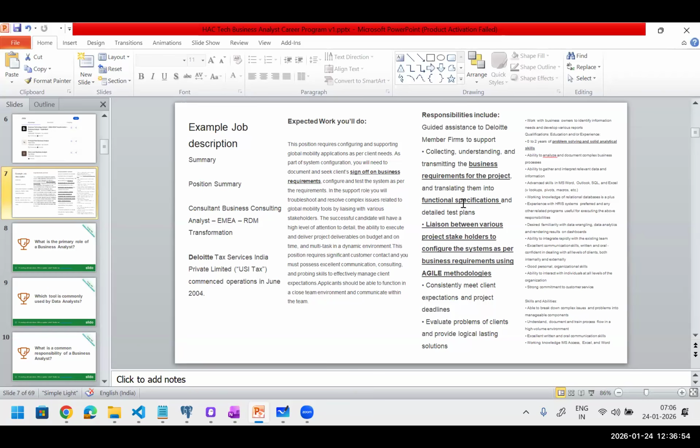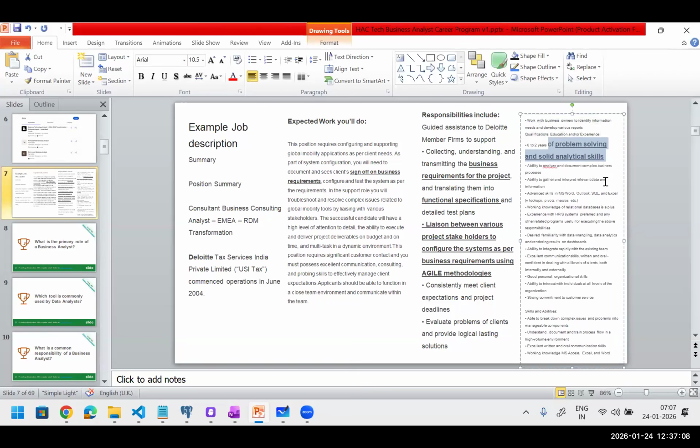One underlying skill set is communication and collaboration. See this. Another very important skill I want to highlight here is problem solving and solid analytical skills. Trust us that you will get it in a very systematic way.